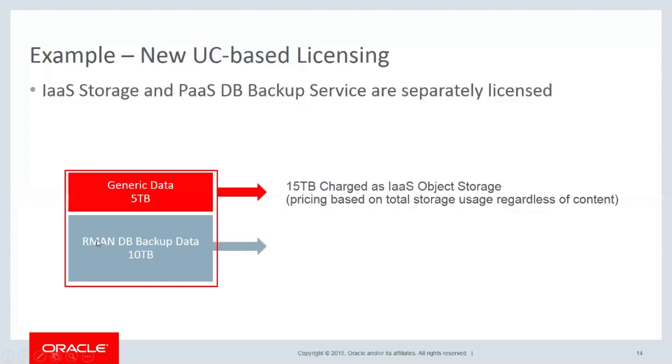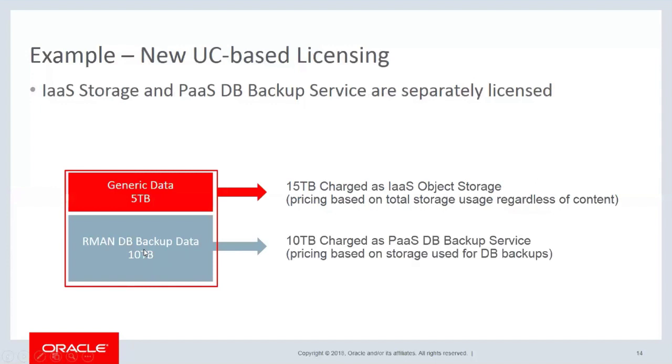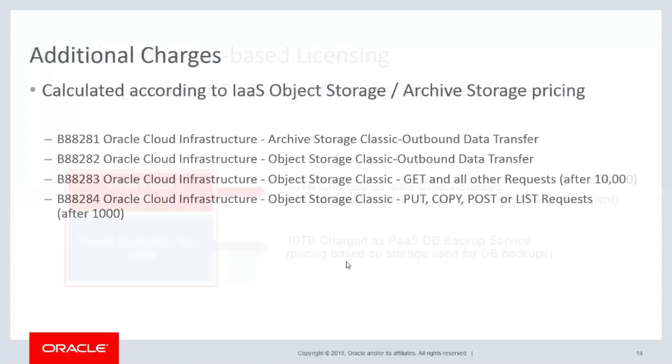The 10 terabytes of Armen backup data are charged as DB backup service, obviously at a lower price than what you were paying before, because this price is not including storage anymore. So the total would not move particularly, but this gives us the option of having this service running on any infrastructure that you like or you want.